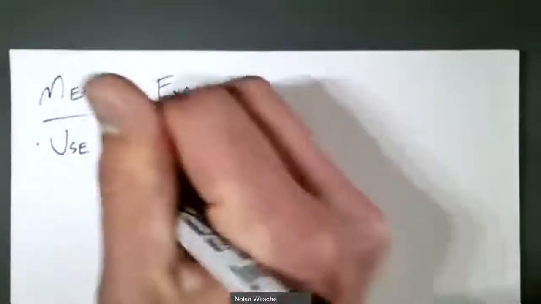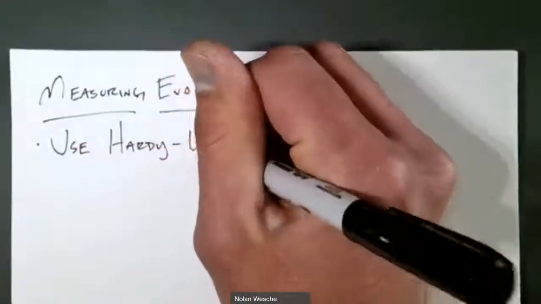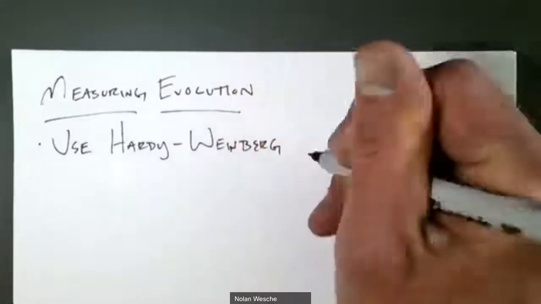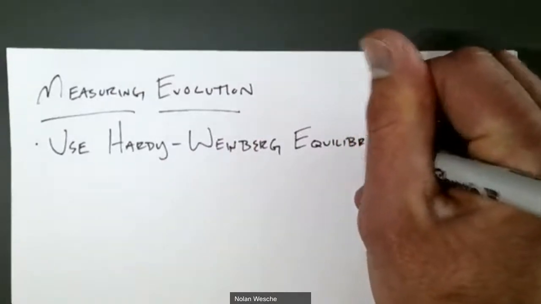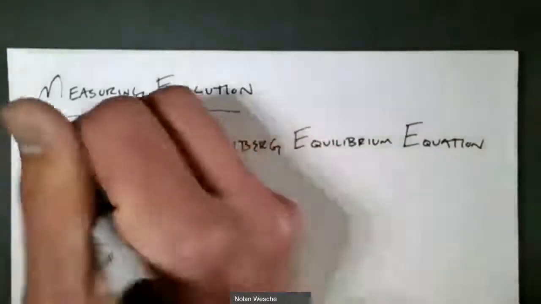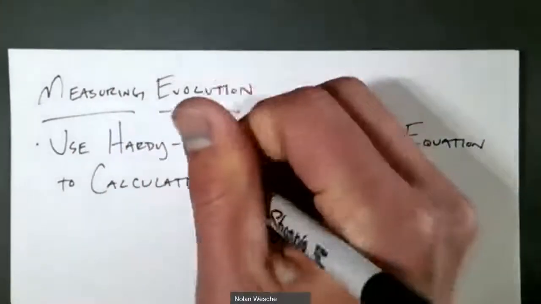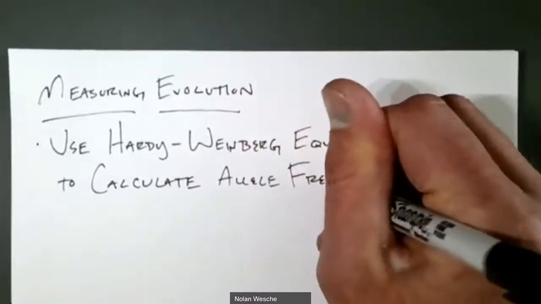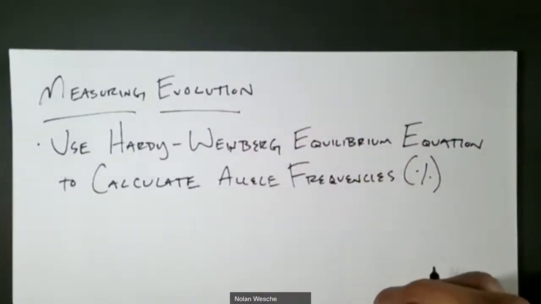So we're going to use this Hardy-Weinberg equilibrium equation to calculate allele frequencies. Or percentages. You can think of them as just percentages.